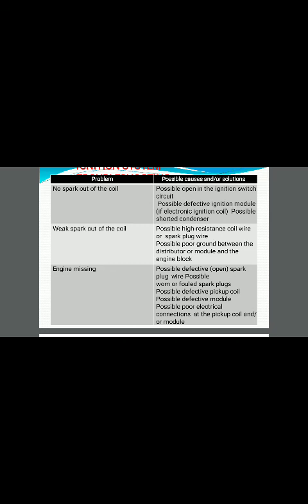A weak spark out of the coil may be caused by the high resistance wire used in the coil or the spark plug. Also a possible poor ground between the distributor or the module and the engine block.